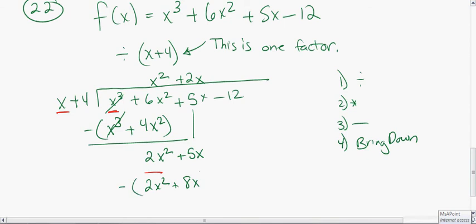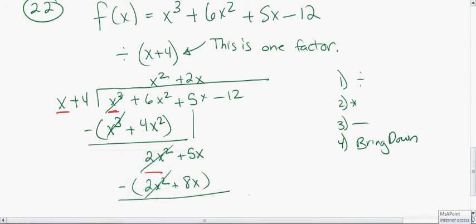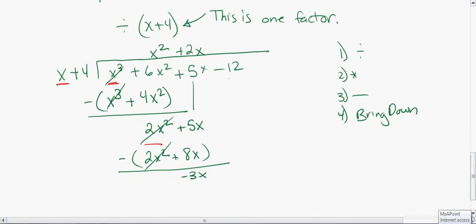Now subtract. 2x squared take away 2x squared, no x squared. 5x take away 8x is negative 3x. Bring down, so I'm bringing down that negative 12, minus 12.